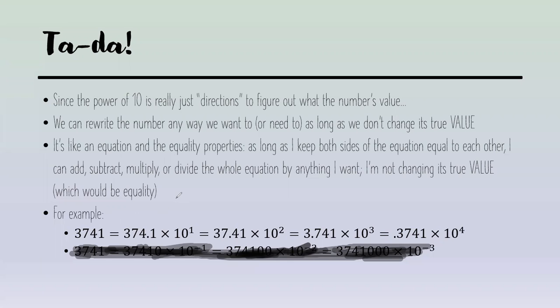Because if I do that, what that really means is 374.1 times 10. Well, that just gives me this extra place value right here. All it does is give us an extra place value.